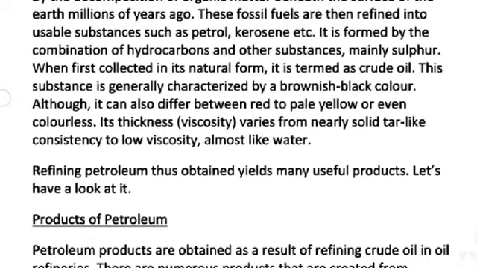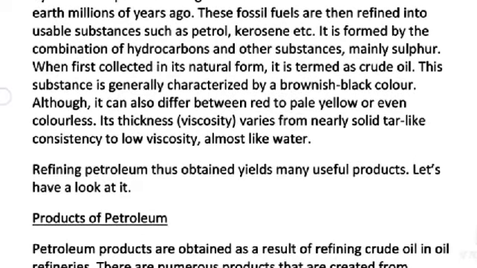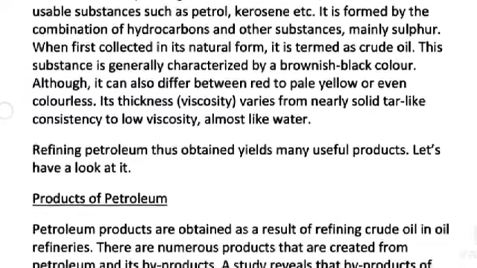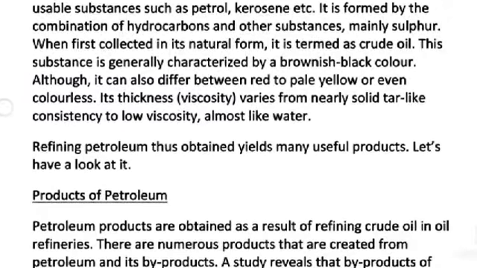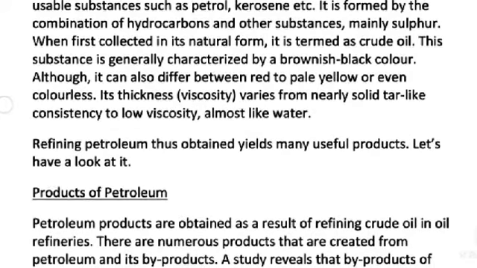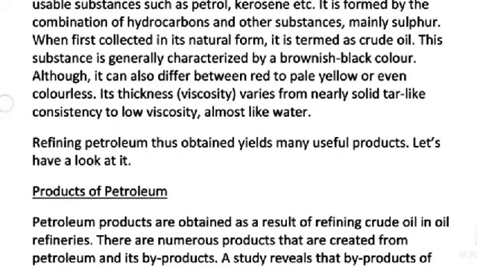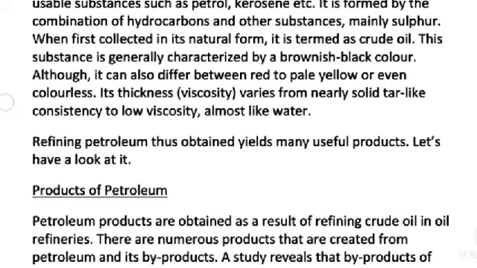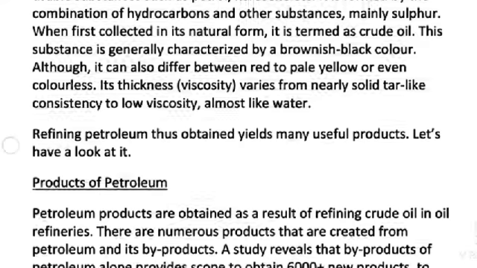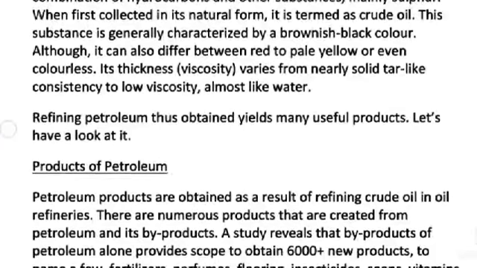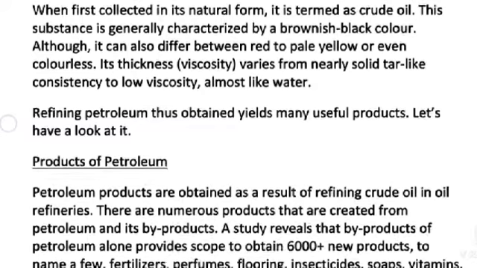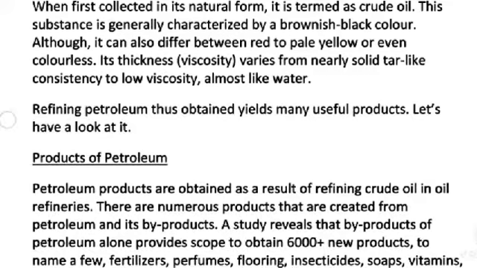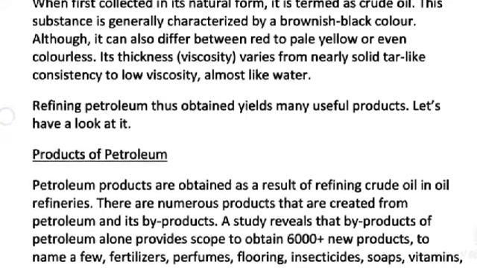When first collected in its natural form, it is termed crude oil. This substance is generally characterized by a brownish black color, although it can also differ from red to pale yellow or even colorless. Its thickness varies from a nearly solid tar-like consistency to low viscosity, almost like water.